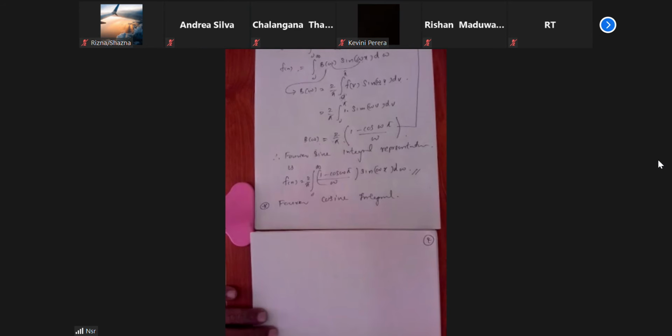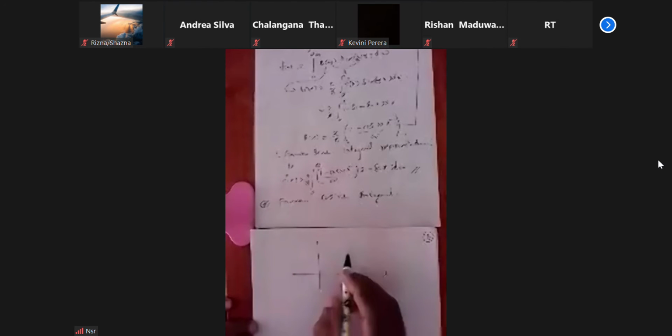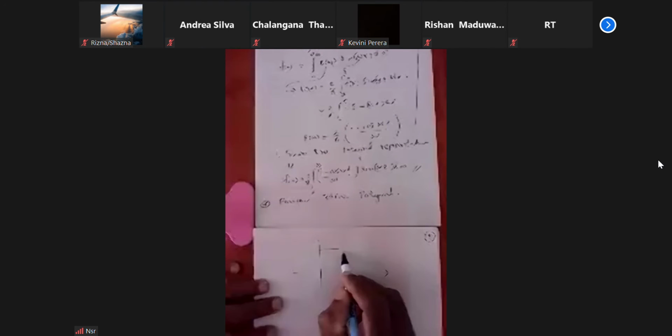If you want to find the even function of that scenario, the given function is now in this domain, 0 to 5, f(x).